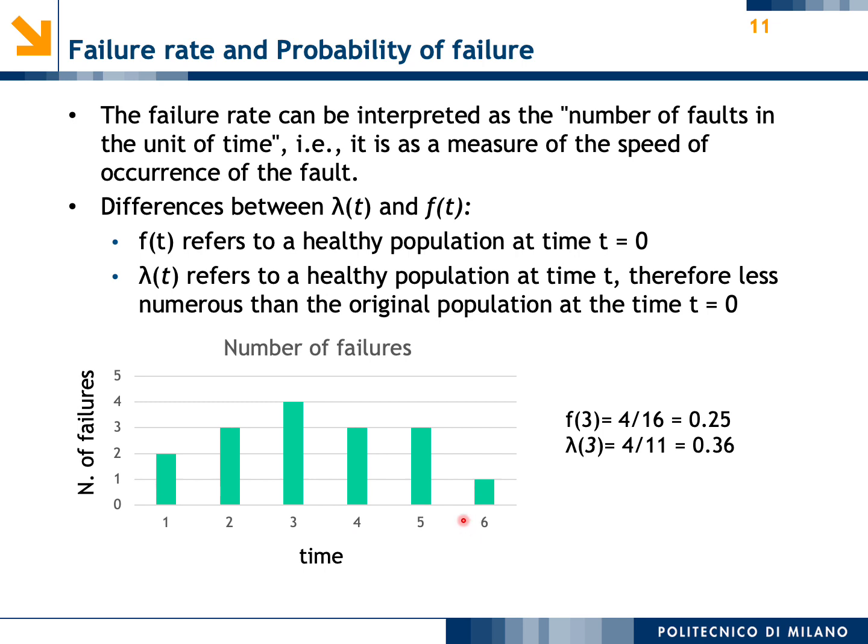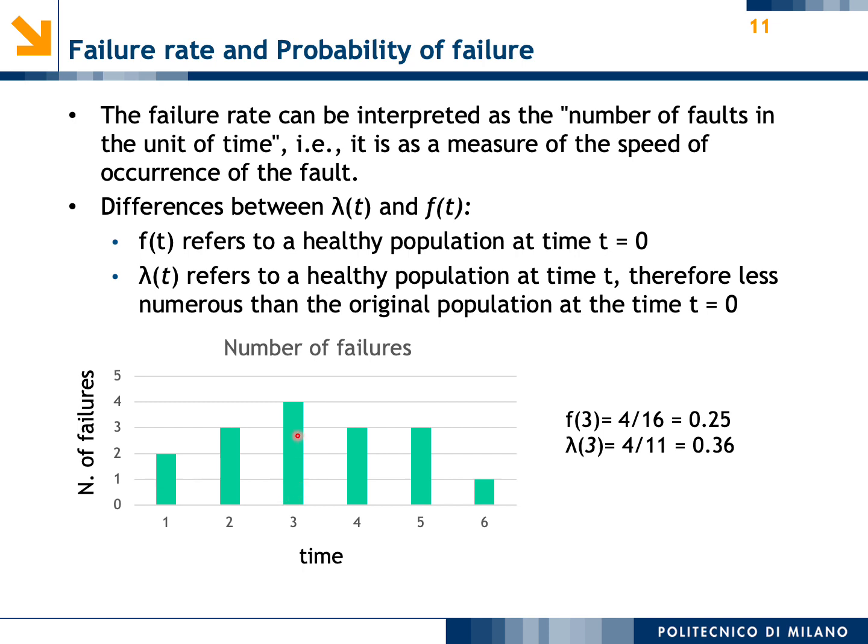On the opposite, if we consider the failure rate at 3, we have to count the number of components that fail in the interval 3, that is 4 as before, but we have to consider only the number of components that were healthy at the beginning of this interval, that is 11.